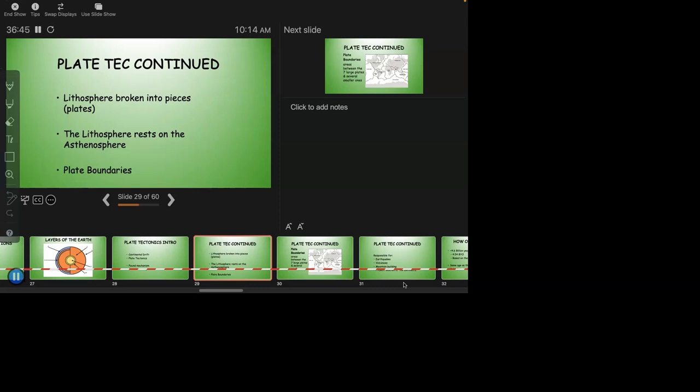Plates can also smash into one another. That does two things, depending on where you live or where you are. If you're talking about land to land, it makes mountains. So your two hands come together, your fingers go up, if you've got two continental boundaries touching. If you're in the ocean and they're coming together, they do the opposite.